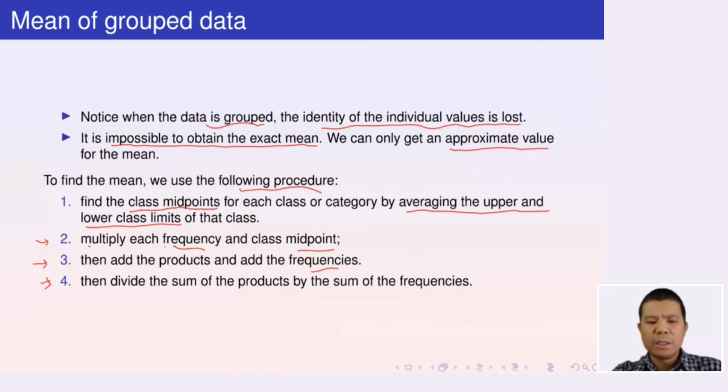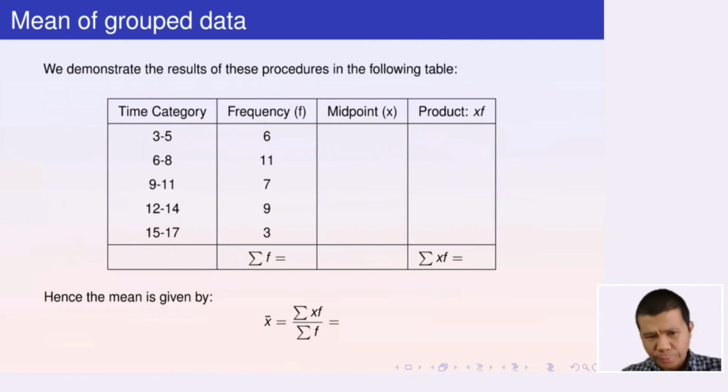Finally, divide the sum of the products by the sum of the frequencies. That will give us an approximate estimate of the mean. Now let's show how to find this approximate mean by using the following example.